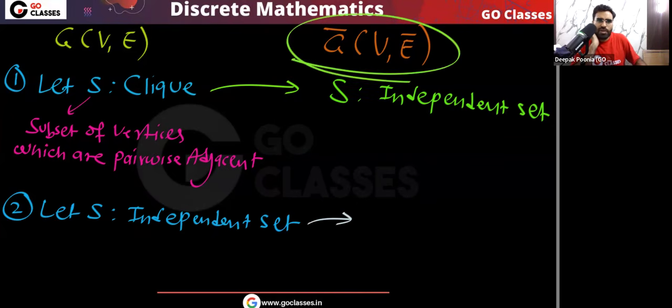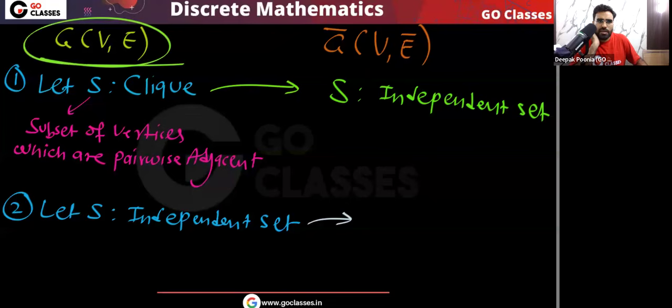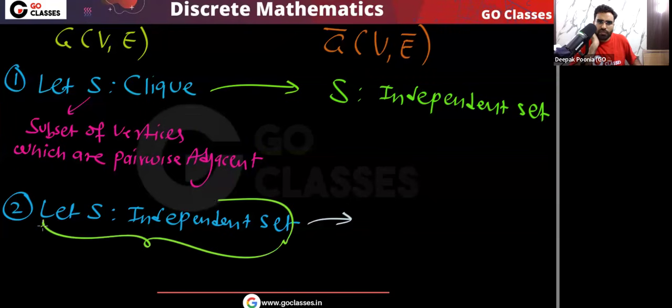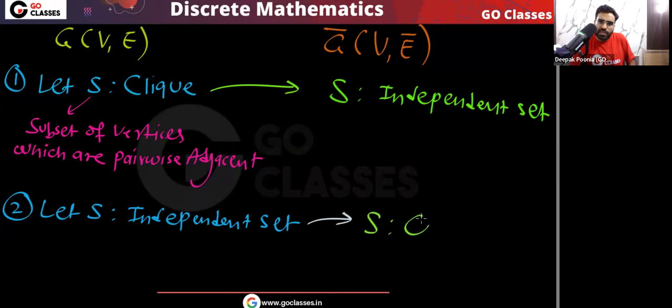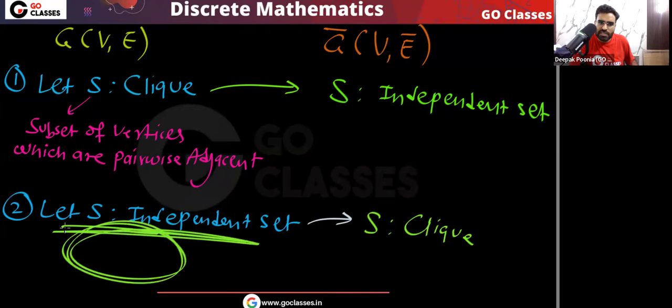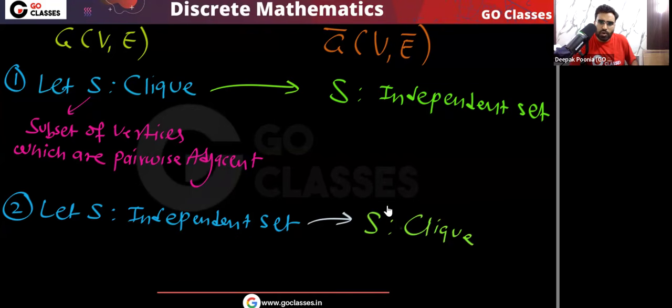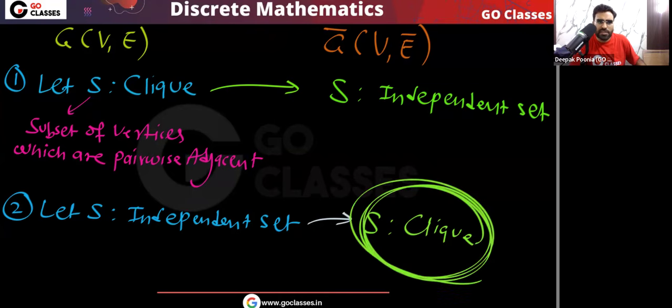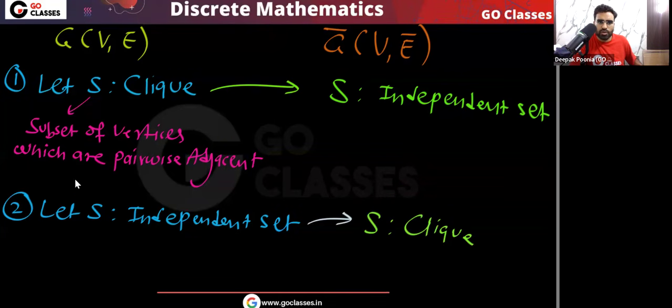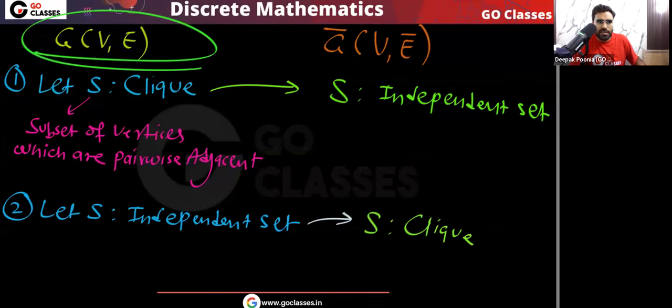In G complement we have those edges which are not in G. So when we do the complement of edges, in G complement this S will become a clique. Yes or no? Because here between any two vertices there is no edge, so in the G complement, between every two vertices there will be an edge.